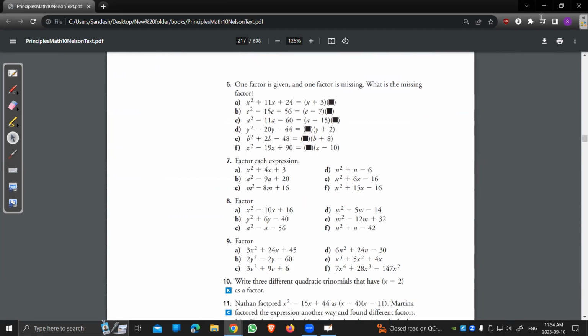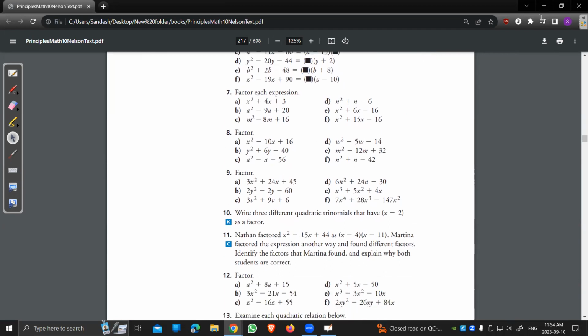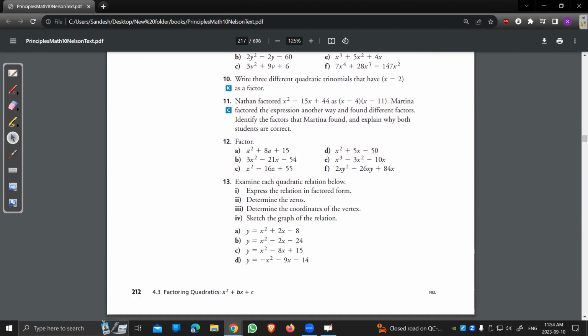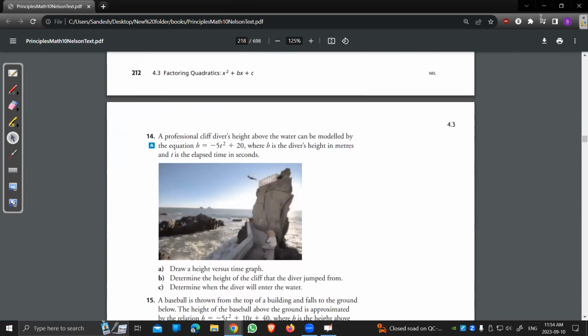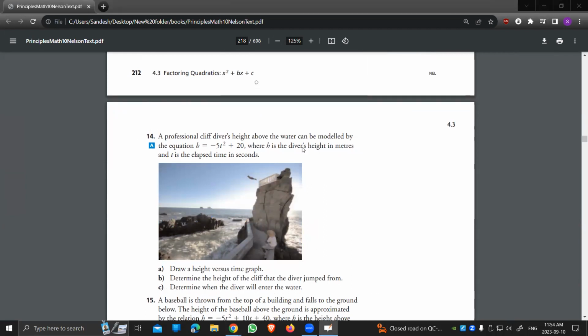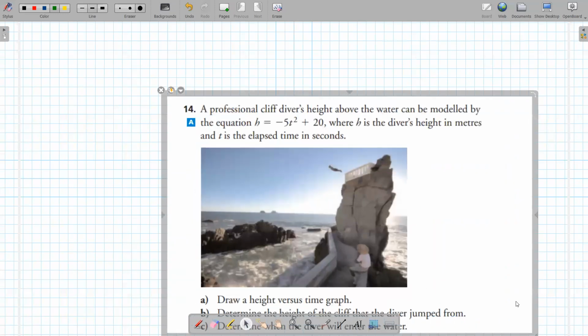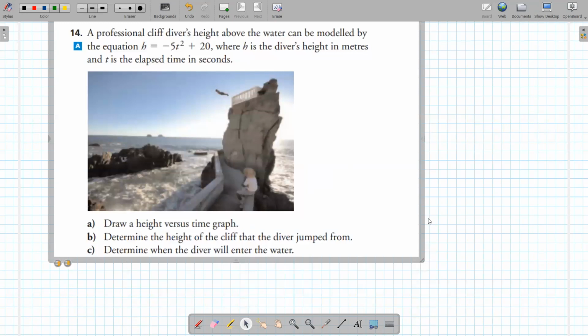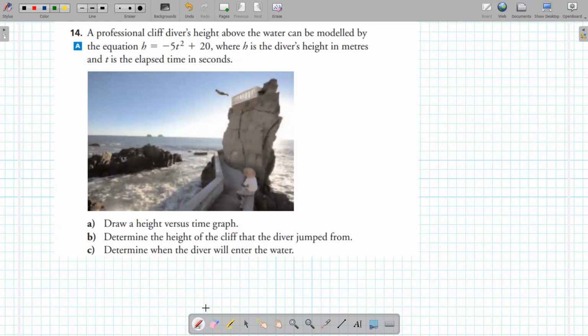I'm trying to find some interesting questions here. Maybe this one? That looks dangerous. That looks kind of dumb actually, because the water looks really shallow. Maybe it's deep, I don't know, but here it looks pretty shallow. I wouldn't do that.